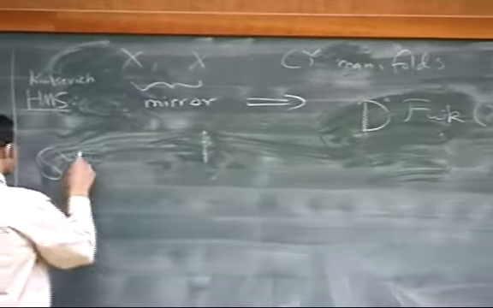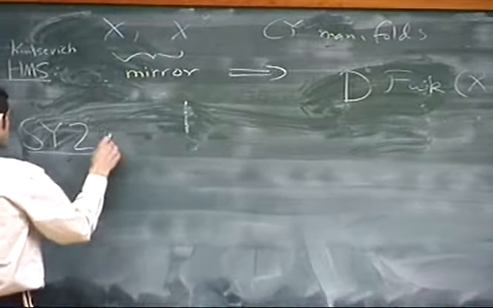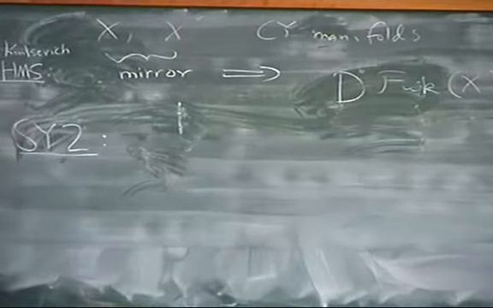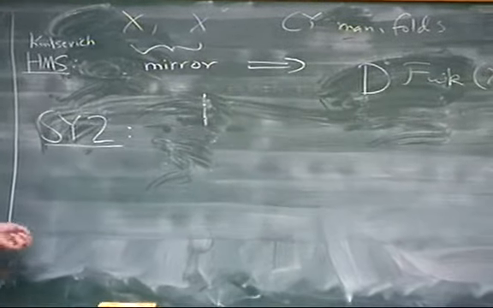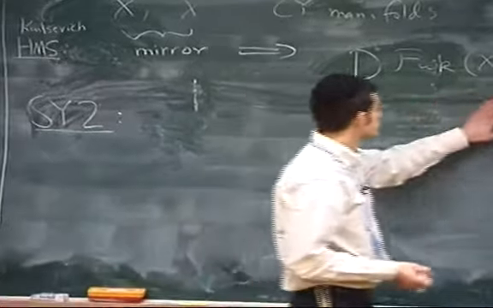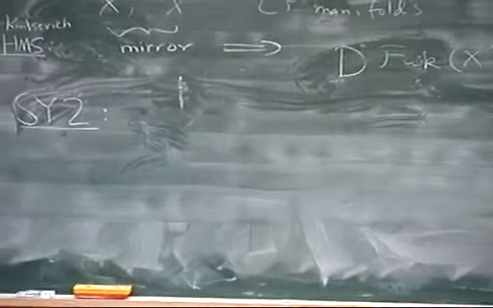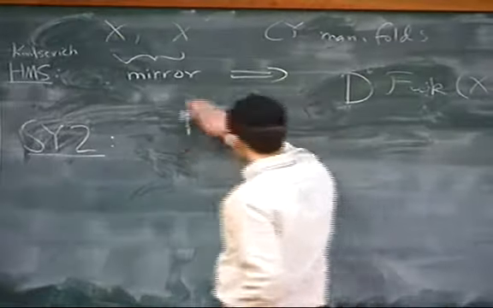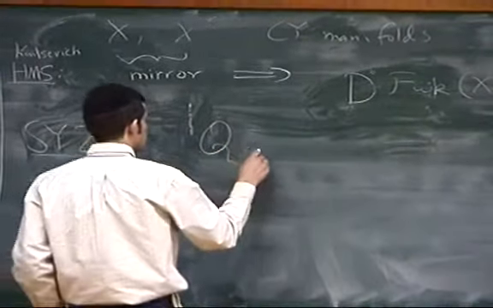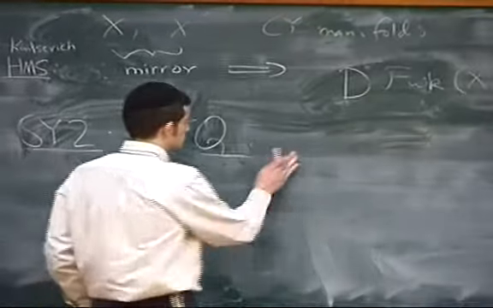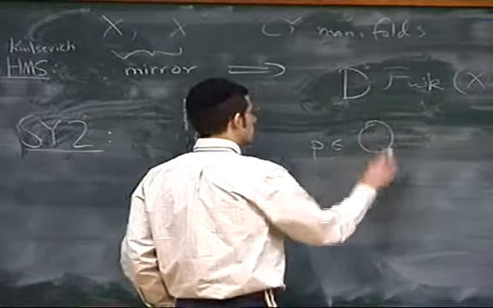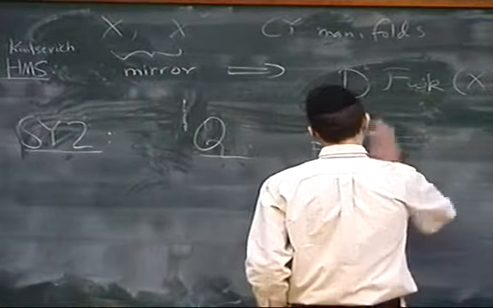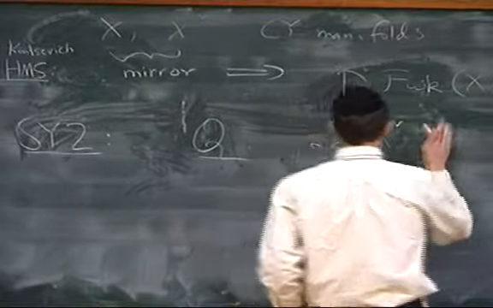Then Strominger, Yau, and Zaslow came along, and they said, let's see if we can guess a particular instance of this equivalence. They had a particular motivation in doing this, but really they asked the question: let's suppose that P is a point in X check.